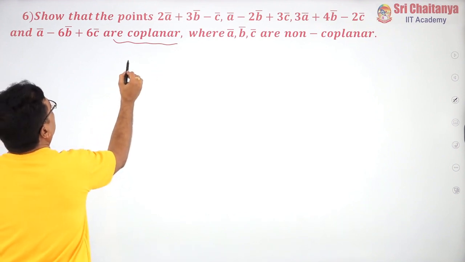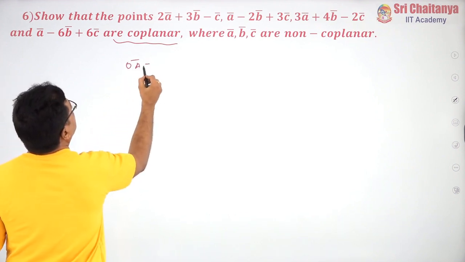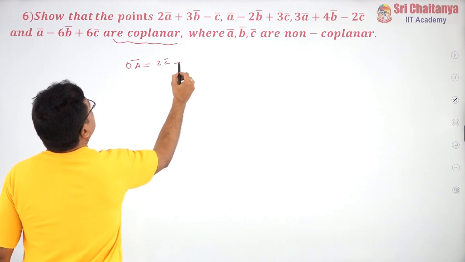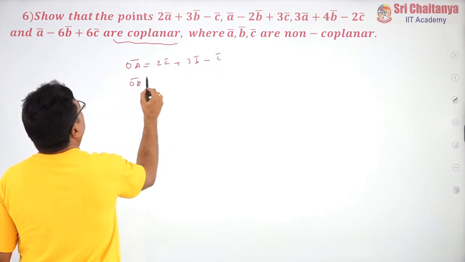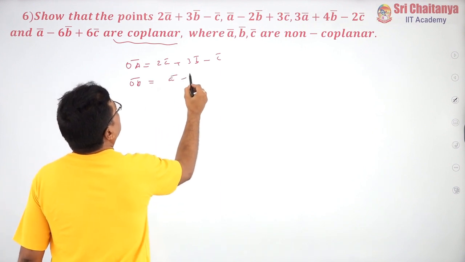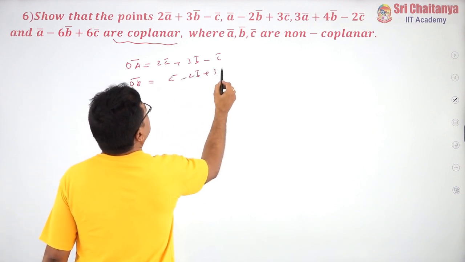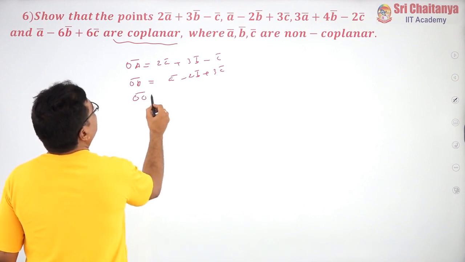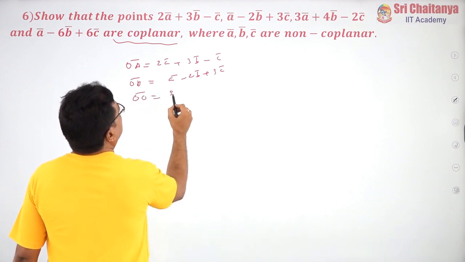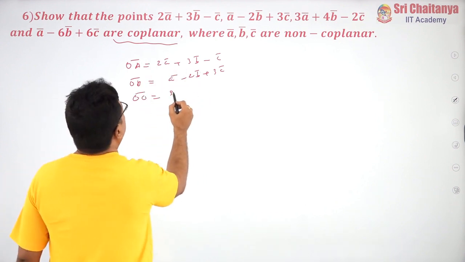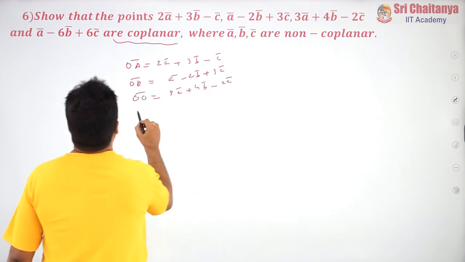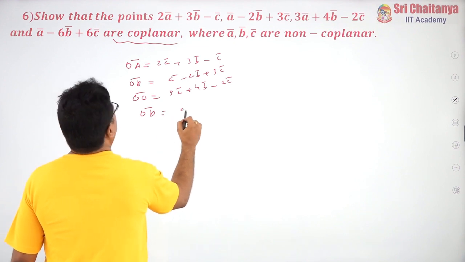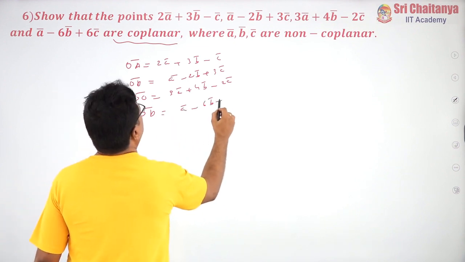So OA bar equals 2A bar plus 3B bar minus C bar, OB bar equals A bar minus 2B bar plus 3C bar, OC bar equals 3A bar plus 4B bar minus 2C bar, OD bar equals A bar minus 6B bar plus 6C bar.